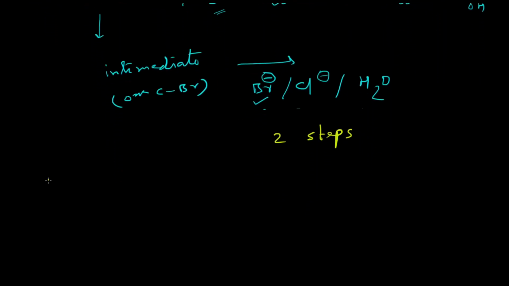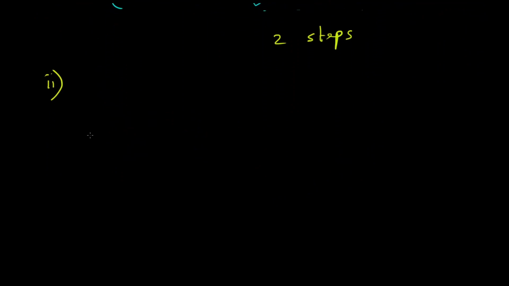The next experimental evidence is that there are two possible pathways of this reaction. In the first pathway, the bromine molecule can react with this alkene in an anti fashion. What does that mean?